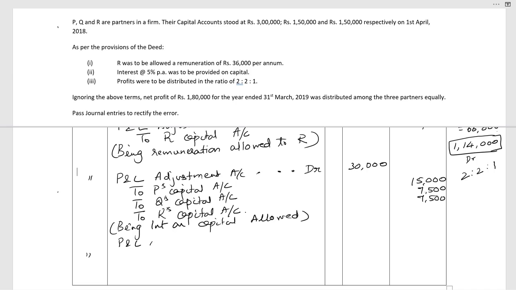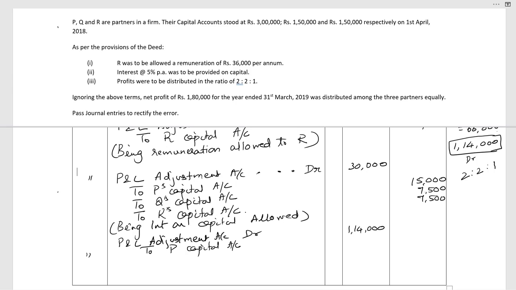Profit and loss adjustment account debit 1,14,000 to P capital account.